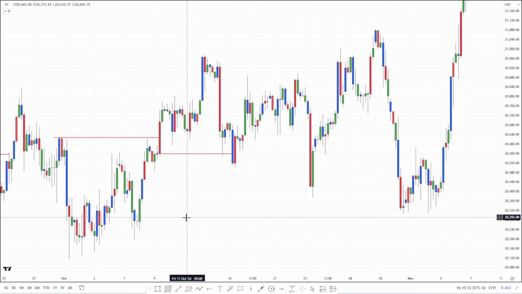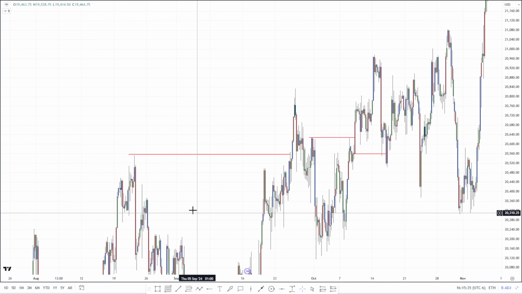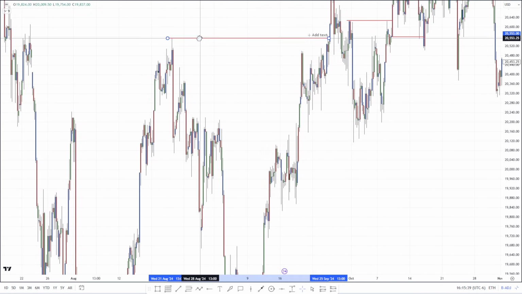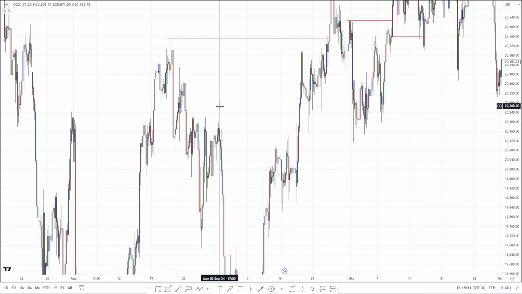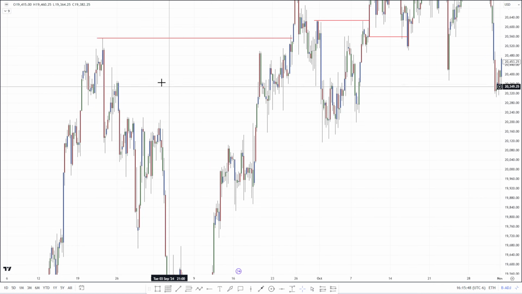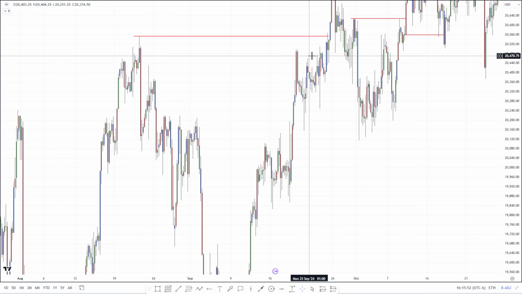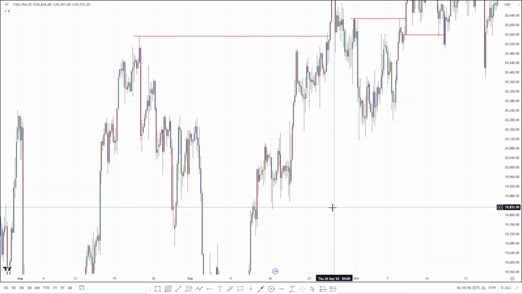And that's about a week apart. Over here, we got a high that's put in. This is August 22nd, and we don't close above that high until September 25th. That was about a month cycle.